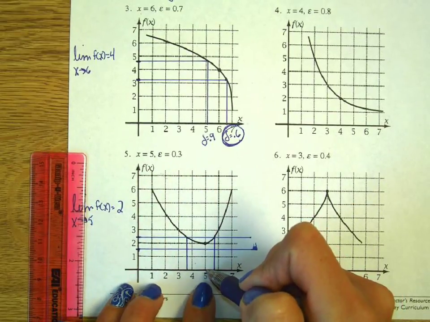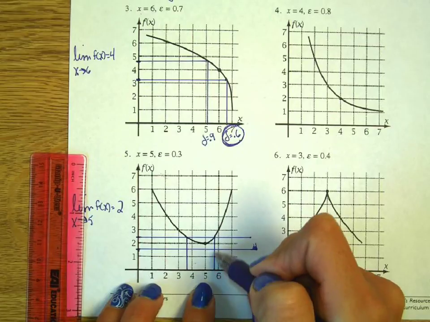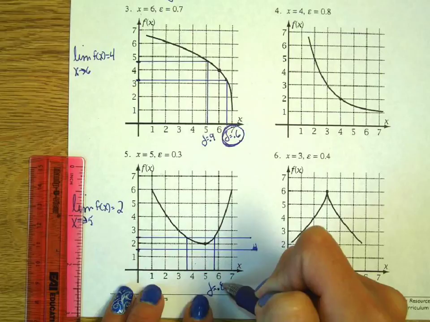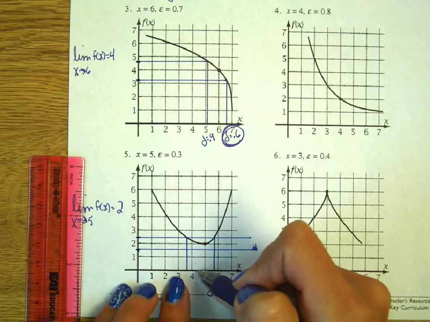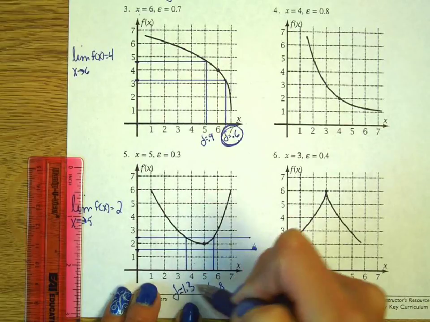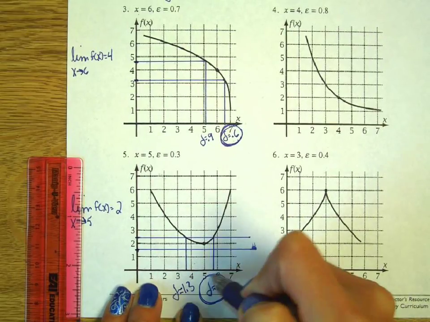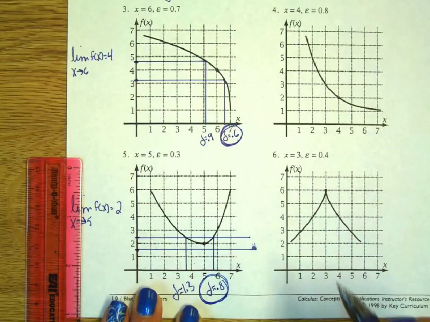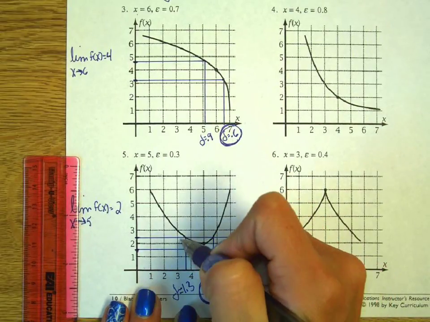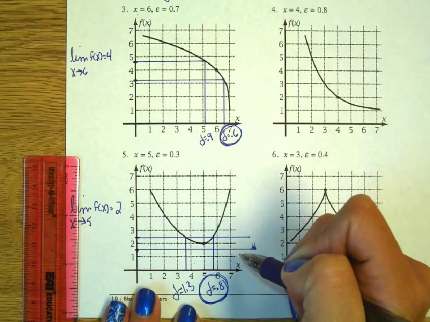Five was my x value that I was approaching. Here the delta, I'm going to say about 0.7, 0.8. Here it's well over 1. It's like maybe 1.3. We don't want the bigger one. You want the smaller one. So then when I go 0.8 away on both sides, every value in there is in my epsilon window.